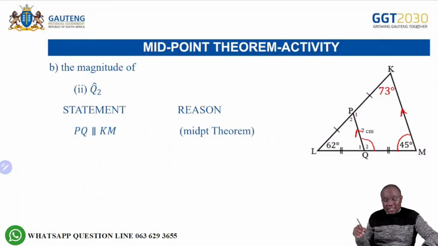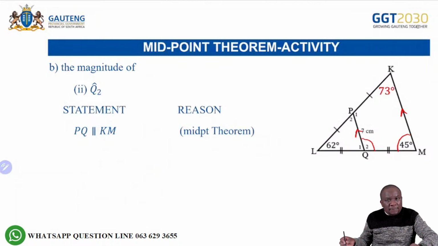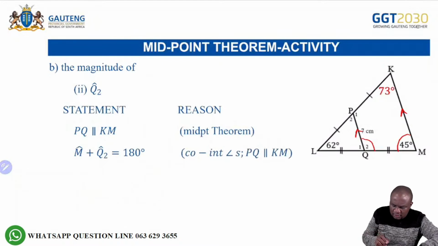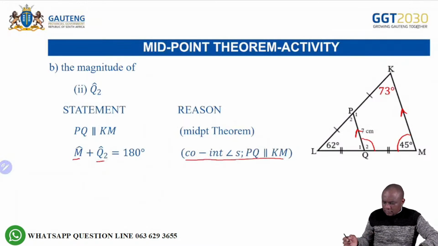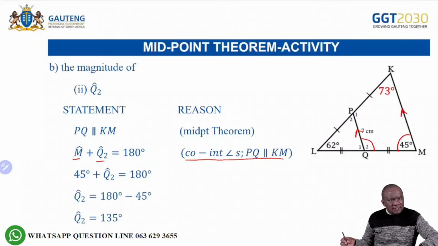Same side of the transversal between the parallel lines. They are co-interior angles. They add up to 180 degrees. So M plus Q2 is 180 degrees, co-interior angles. Okay, and then we substitute and solve for Q2. So here we're going to subtract 45 degrees from both sides of the equation. We get that Q2 is 135 degrees.